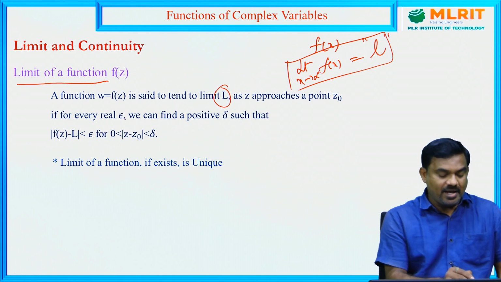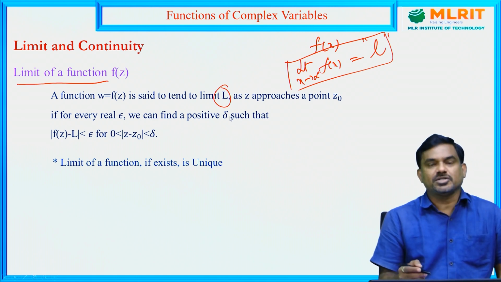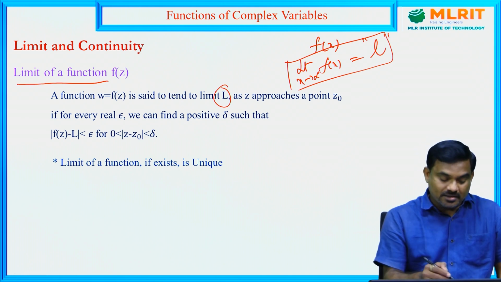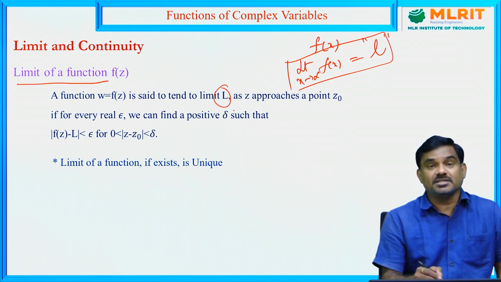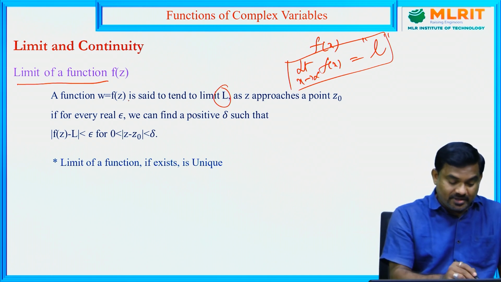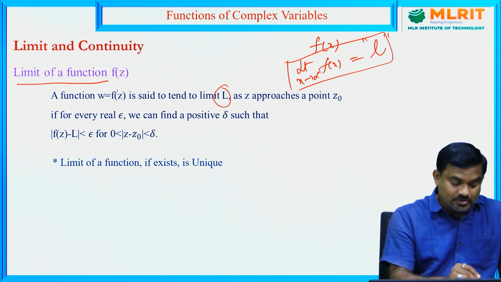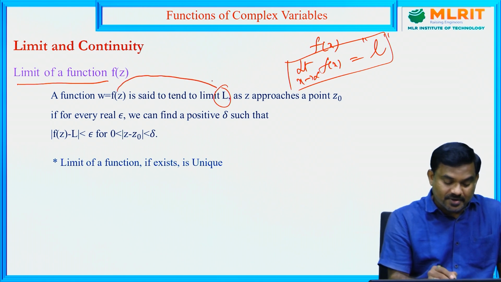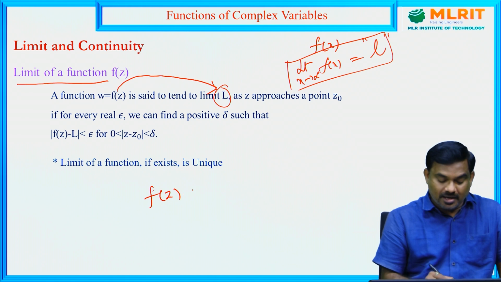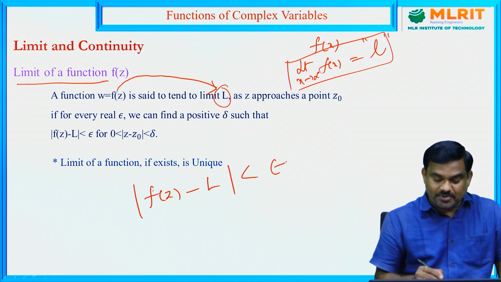if for every epsilon we can find a positive delta. Epsilon means a very small positive number, and for every epsilon there exists delta such that the difference between f of z and L is less than epsilon.